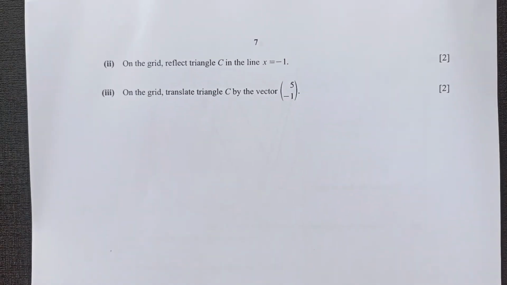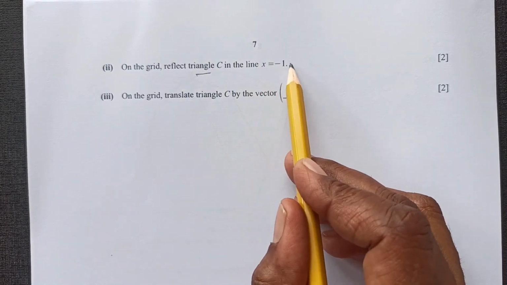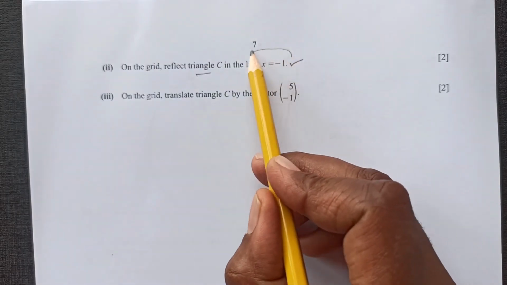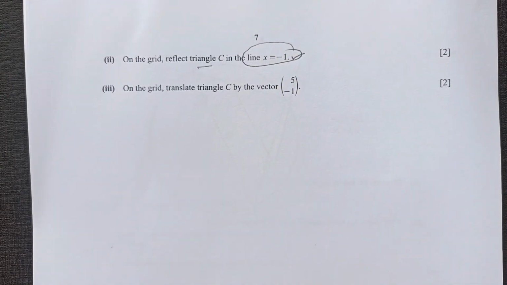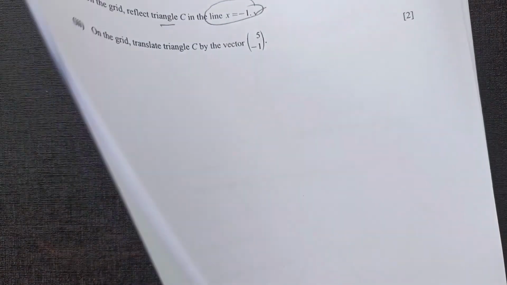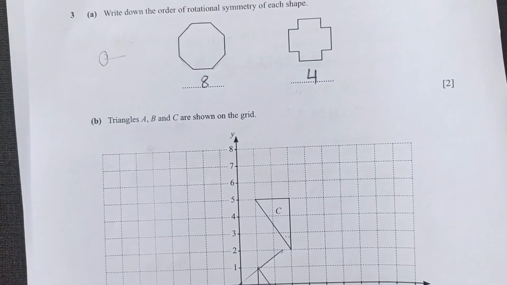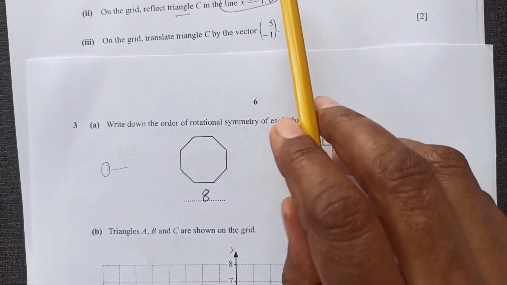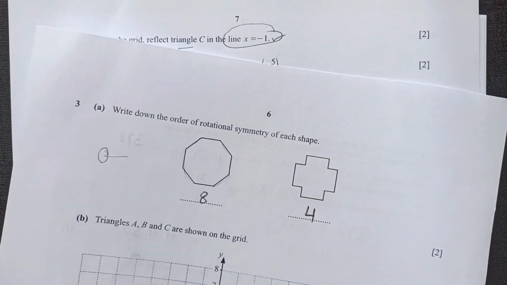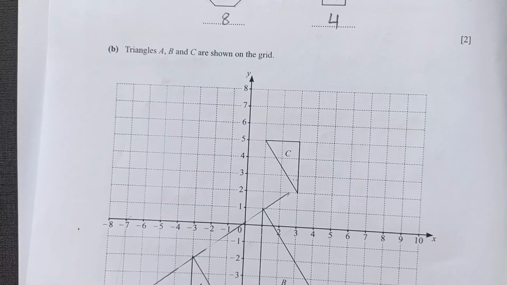Part 2, on the grid reflect triangle C in the line x equals -1. First we need to look where the line x equals -1 is. So x = -1 is here. This is the line.